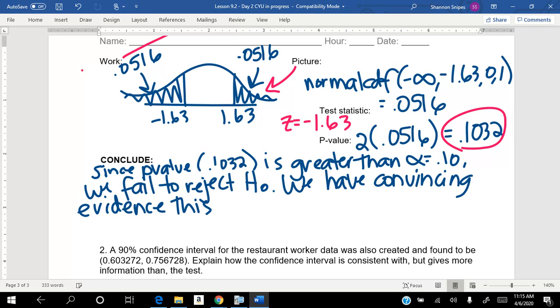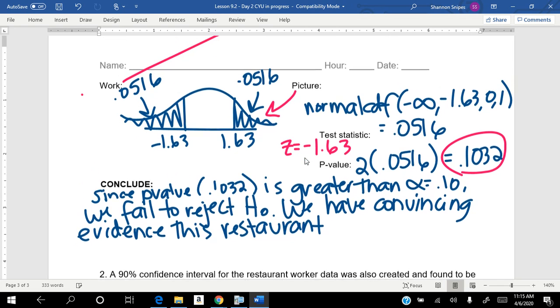We have convincing evidence this restaurant, I couldn't remember what we were doing. This restaurant employees' proportion who would say yes is different than the 0.75 that was claimed in the news report.